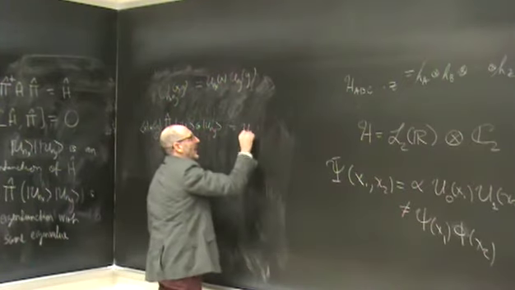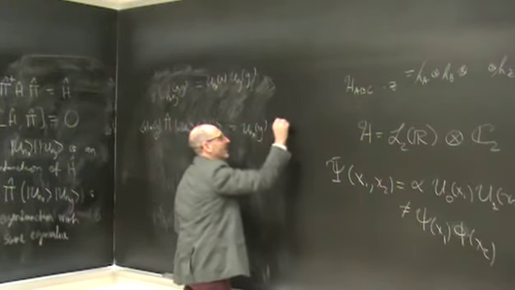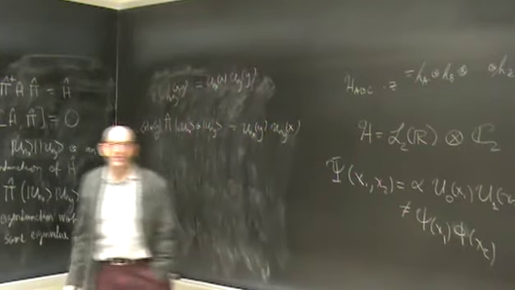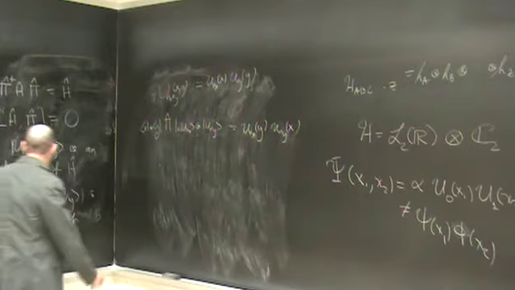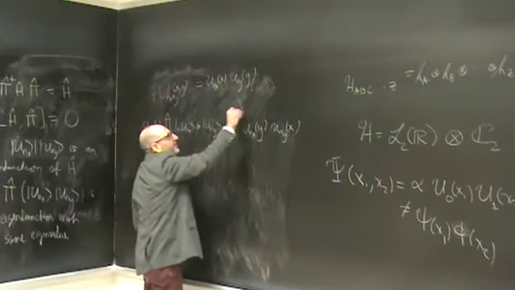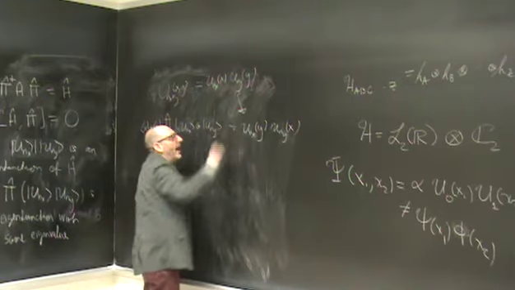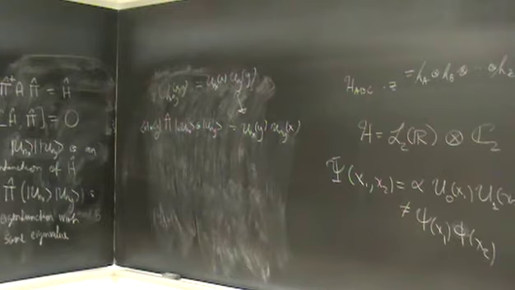So that's u_n_x evaluated at y, and u_n_y evaluated at x. That's the reflected one. Now, I claim that these two functions are simultaneously eigenfunctions of the Hamiltonian with the same eigenvalue. They are degenerate.